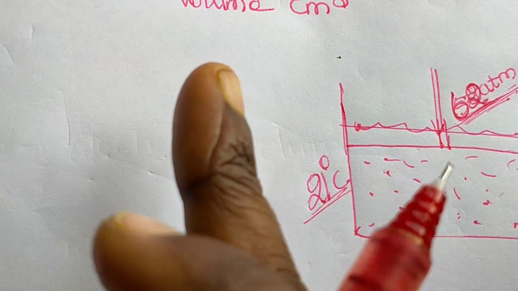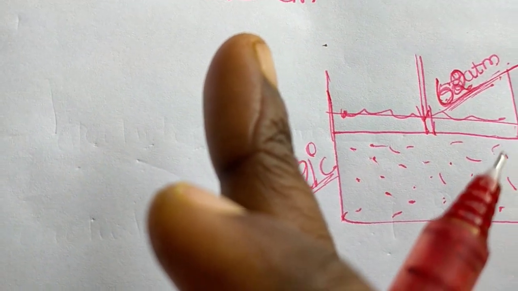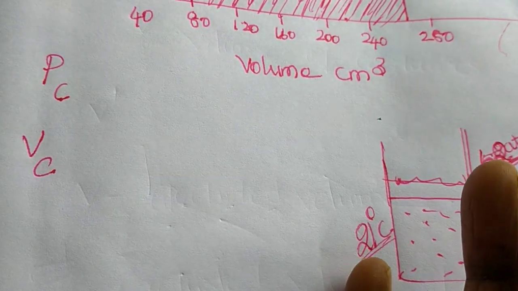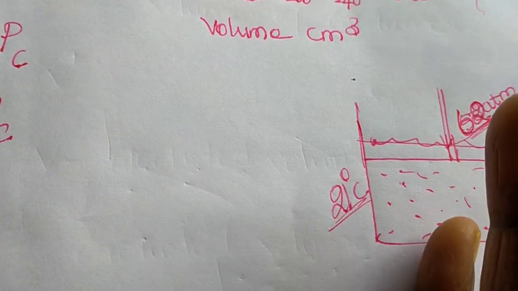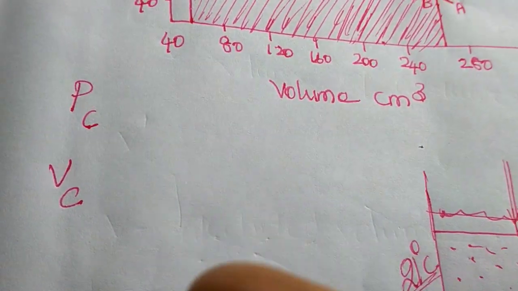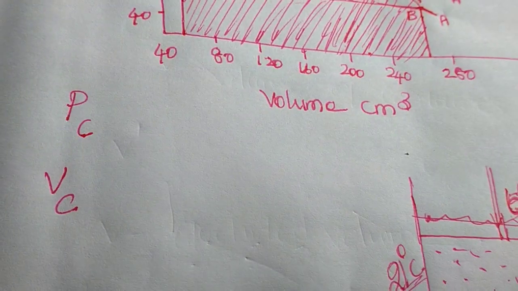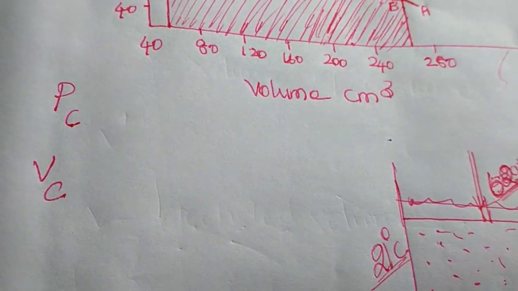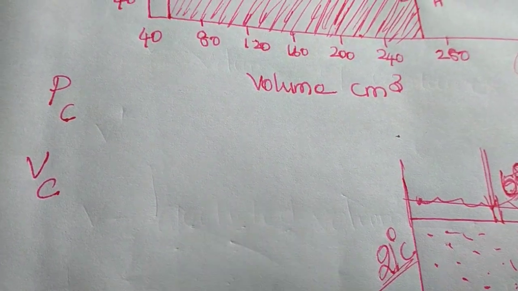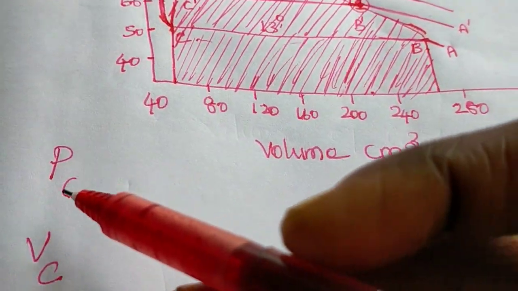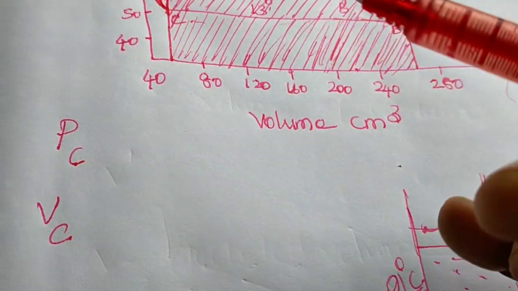Here the gas is carbon dioxide, so the volume occupied by 1 mole of carbon dioxide under the critical pressure and critical temperature is known as the critical volume. So we have 3 terms: critical temperature, critical pressure and critical volume.